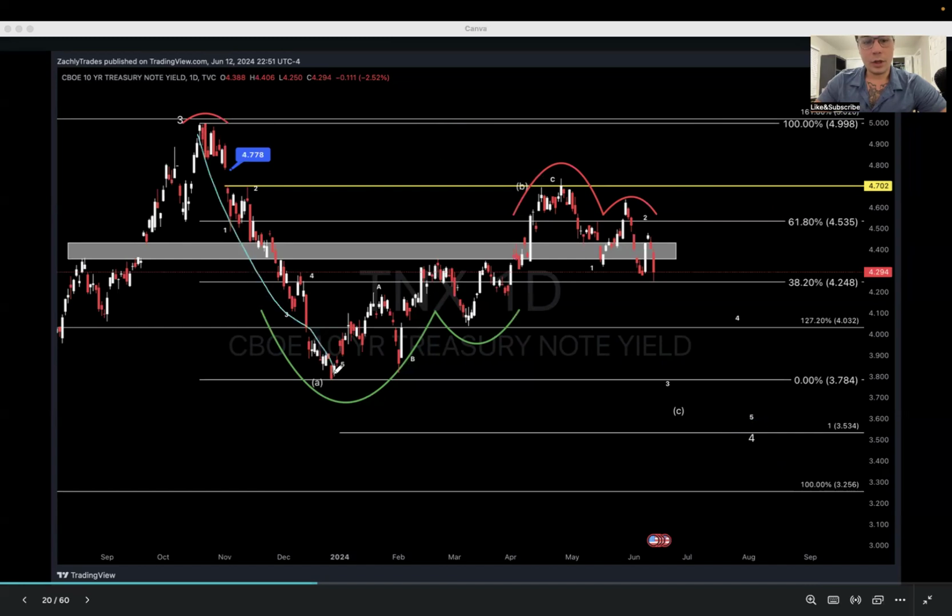We had the wave 1 down, this is your wave A, and then wave B up, and wave C should come in the form of a 5-wave structure that takes us down here for wave 4. And so what do we see, guys? We see we got a 1, 2, 3, 4, 5 down. We got an ABC up, that's our A down, B up, and we're looking for 1, 2, 3, 4, 5 down, taking TNX anywhere from 3.78 down to about 3.5 on the 10-year treasury yield, maybe even potentially 3.25.